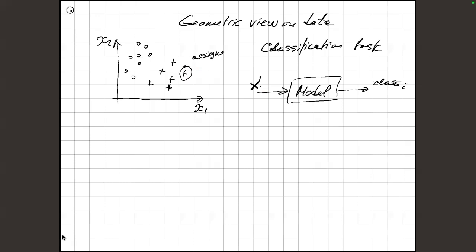And labels are usually denoted as Y. Y could be either +1 or -1, positive and negative.